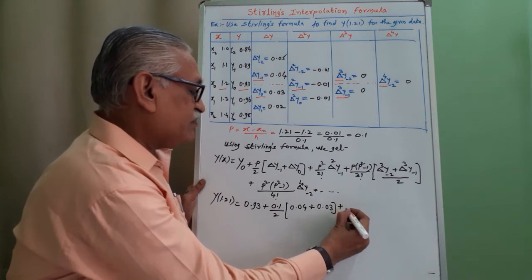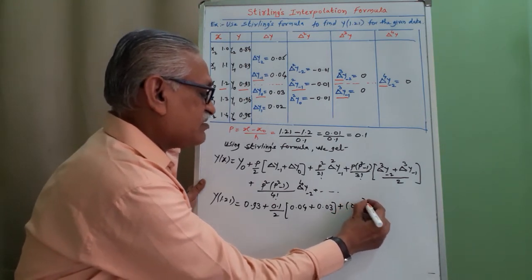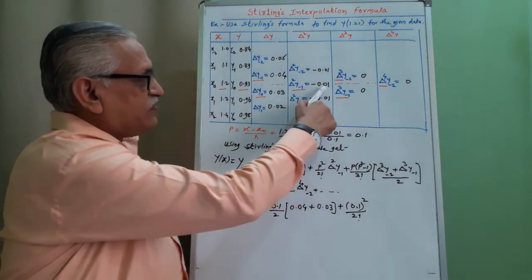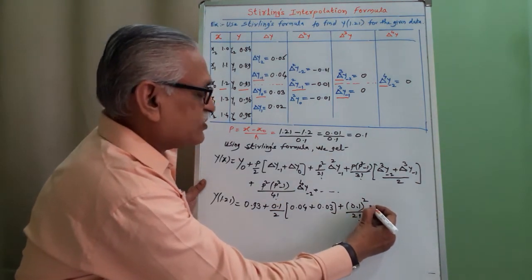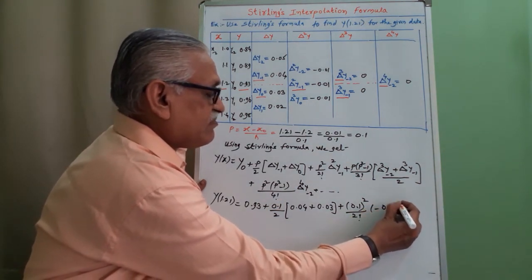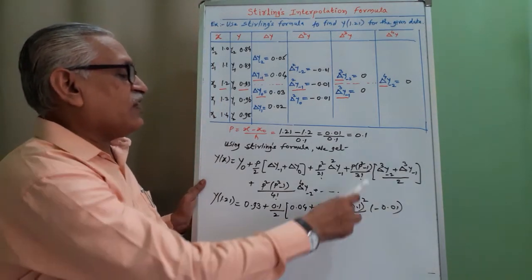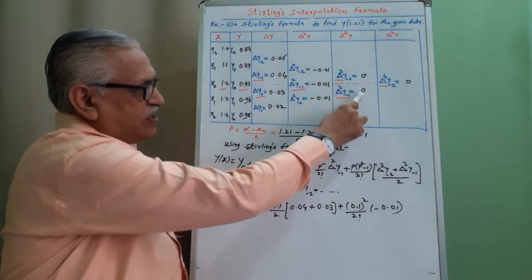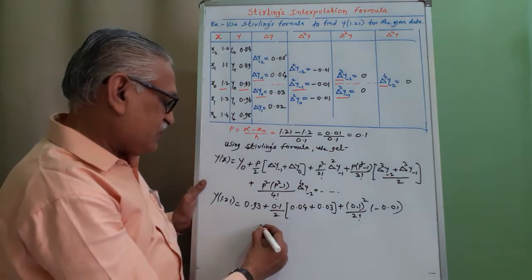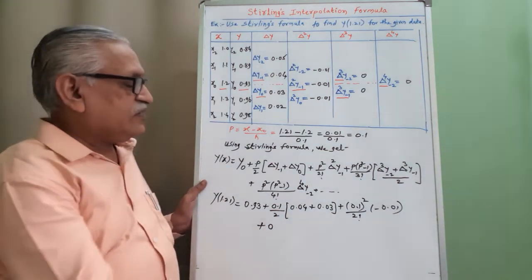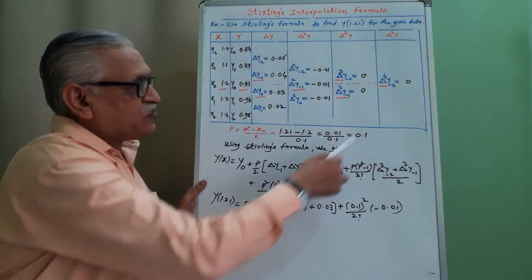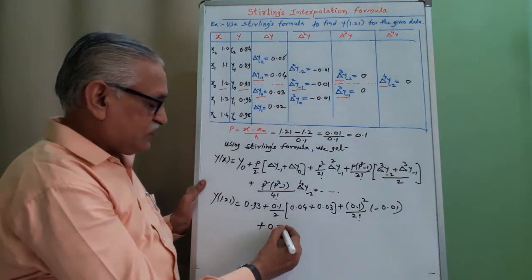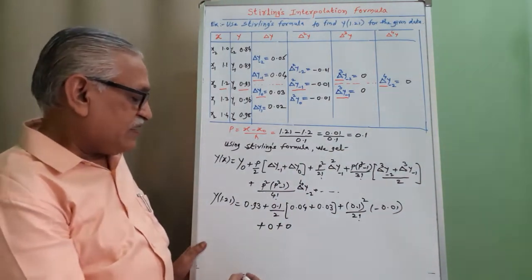Therefore p square, p is 0.1 square divided by 2 factorial, del square y minus 1, the value of del square y minus 1 is minus 0.01. Next one, del cube y minus 2 and del cube y minus 1, as those two values are 0, this term becomes 0. Next one is del raised to 4 y minus 2, that value is also 0, and therefore this complete term becomes 0, and so on.